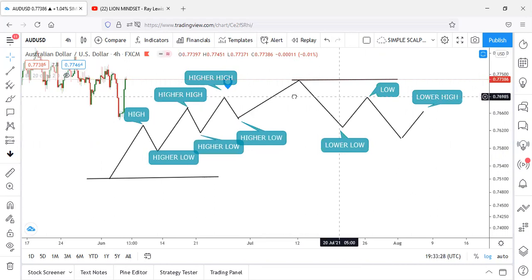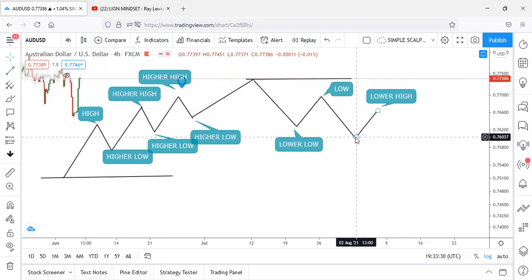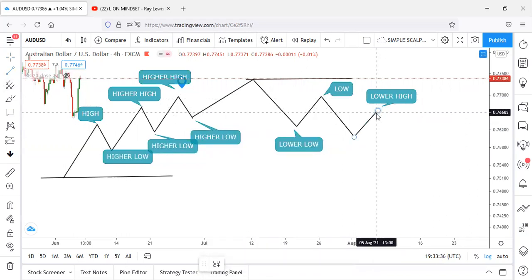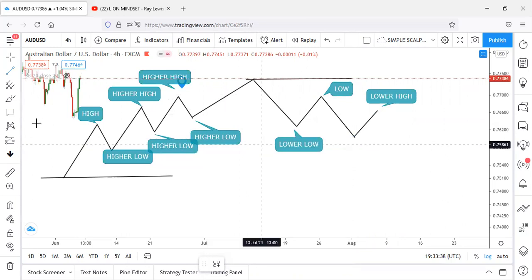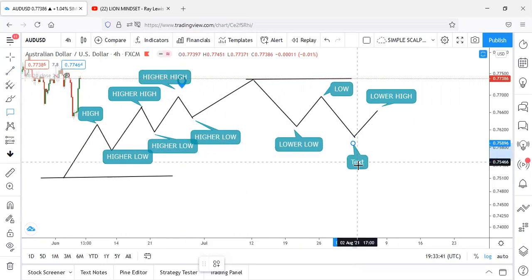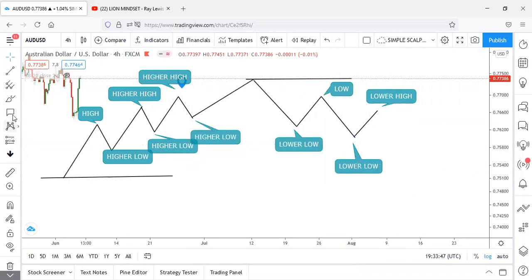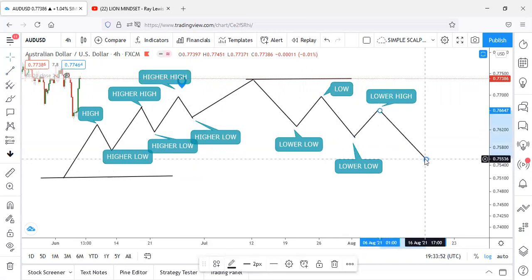Okay, so let's go back to what we're sharing with each other. So we have a lower high. Let's say right here, this place you're going to immediately consider as a lower low. Like I said, you want to see a step. You want the market to start giving you a step.